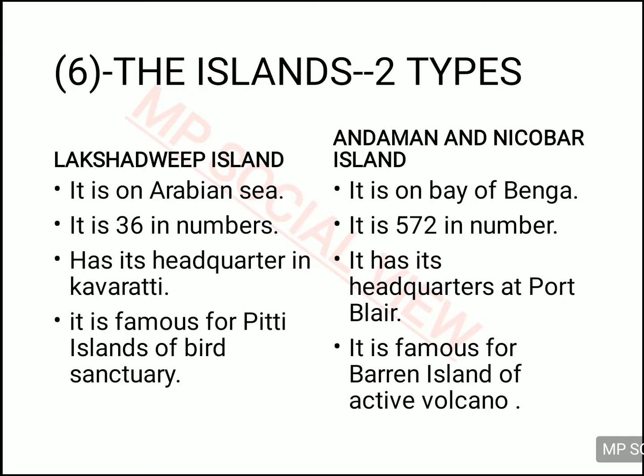Active volcano, I hope you know, is a volcano from which the lava comes out all the time. It never stops. The lava is always coming out from those volcanoes. So in Barren Island of Andaman and Nicobar, you have the active volcano. In India, we have this active volcano only in Andaman and Nicobar's Barren Island and nowhere else.